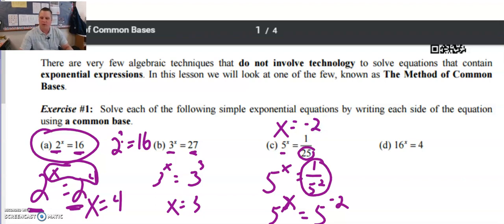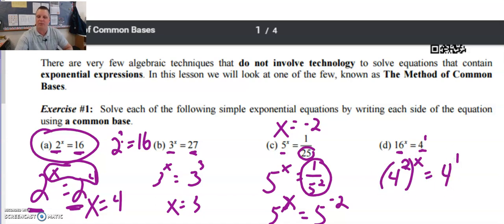Okay. Now, letter D, 4. Be very careful with the 4, because the 4 can be broken down. There's actually 2 ways to do this one. If we just want to use 4, that's perfectly fine. We have 4 to the 1st power. But now the 16 is going to be a base 4. 4 squared is 16, but it's raised to the x power.